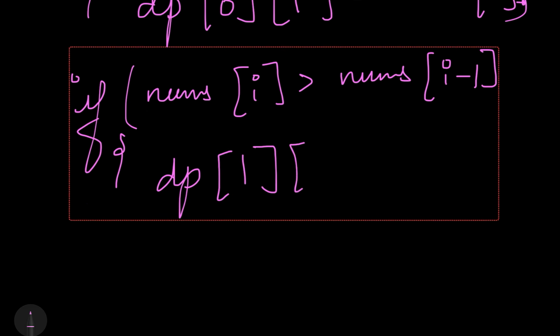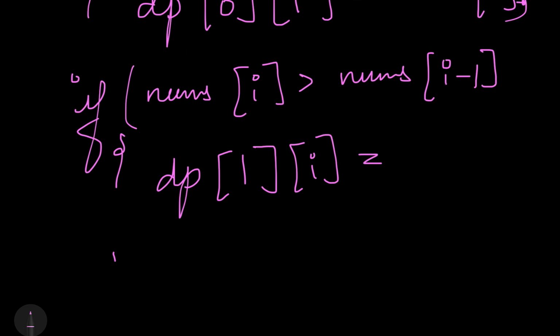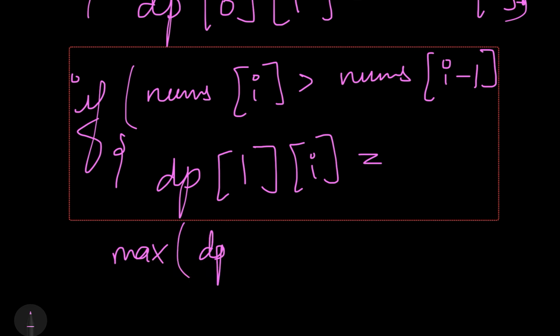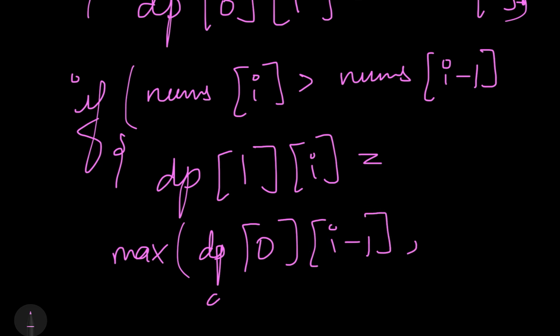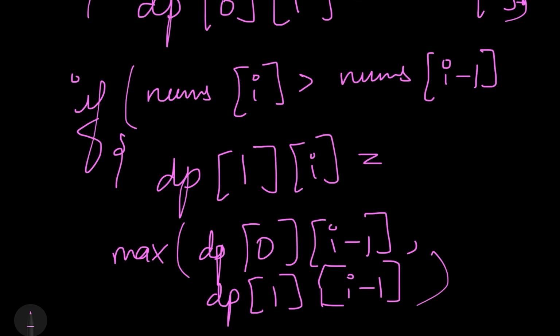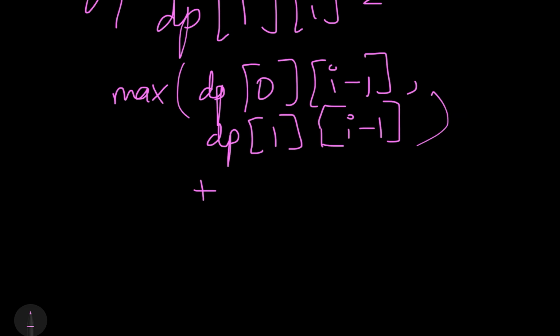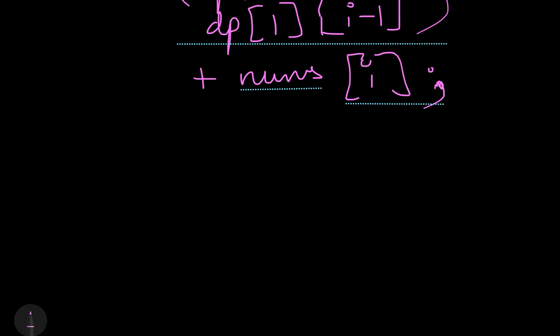The first phase is increasing, that is the first phase at the ith index, and it will be the max of dp of 0, I minus 1 and dp of 1, I minus 1, the maximum of these two plus nums of I. This will start increasing from a fresh element or continue an existing increasing sequence.